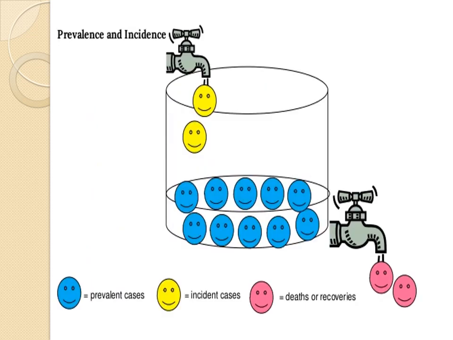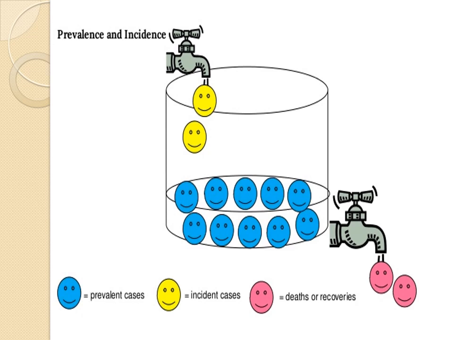So here is a picture which can be easily understood, and it can give the concept of prevalence and incidence. We can see that here is an entry tap through which yellow colored water particles are entering, and ultimately the blue colored water particles are collecting in the drum, and among them a few red particles are coming out through the exit tap.